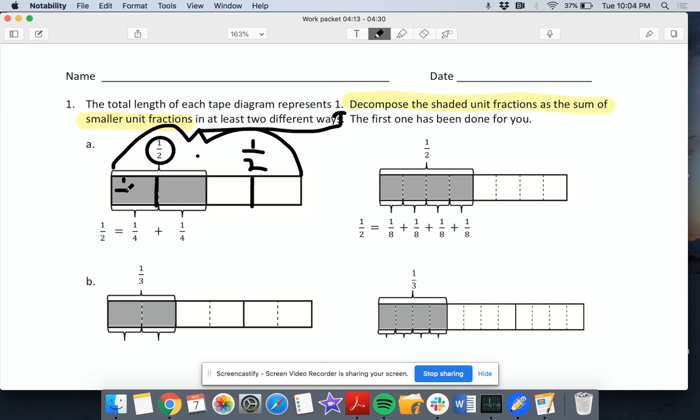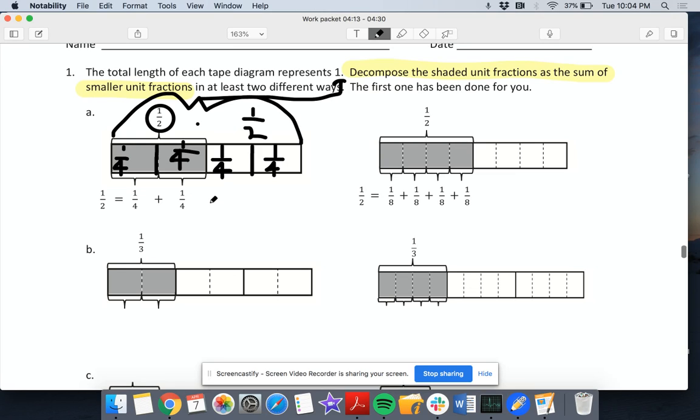Our unit fraction is 1/4. Why is that? Because now we have 4 equal boxes. Okay, so since they already gave us 1/2, I'm going to use it to represent this shaded part. So 1/2 is equal to 1/4 plus 1/4.